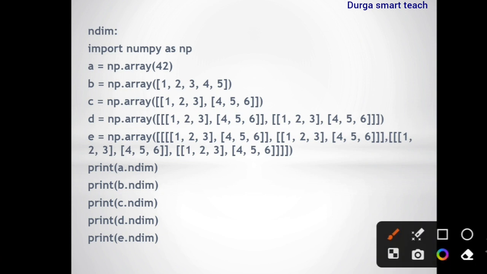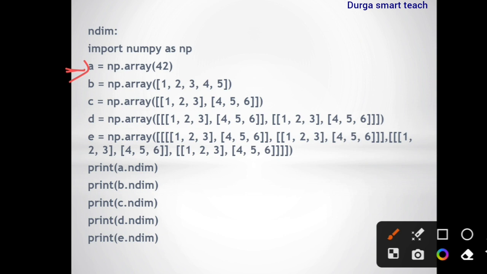So first one, a is equal to np dot array of 42. Here array is a function which is used to create array elements in numpy Python. Here I am storing only one element. The array which contains one element is known as a 0D array, so this is a 0 dimension array.